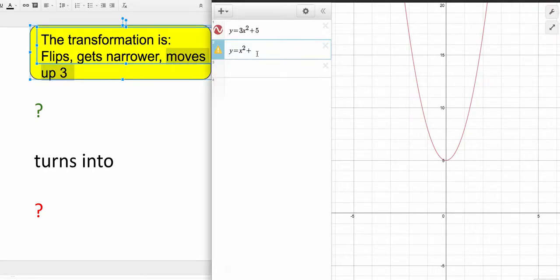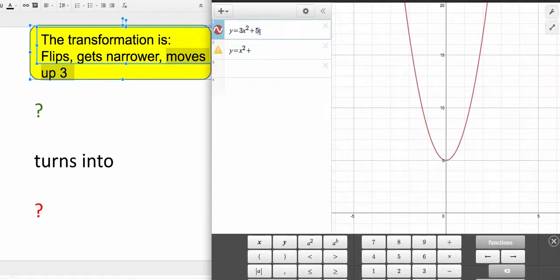I need it to move up 3 units. Well, if this has a y-intercept of 5, moving up 3 units from there would be 8. As you can see, my blue one is kind of a wide one compared to 3x squared. This one I just came up with. It doesn't matter what I chose here. With this question, you just have to create a baseline. Really what they want is any equation, in relation to this equation, that will work.